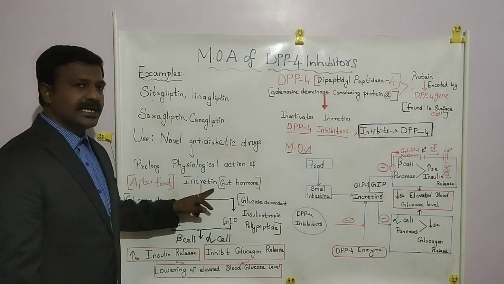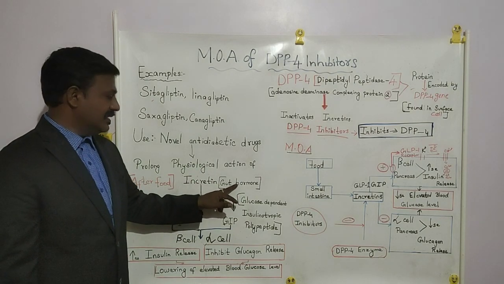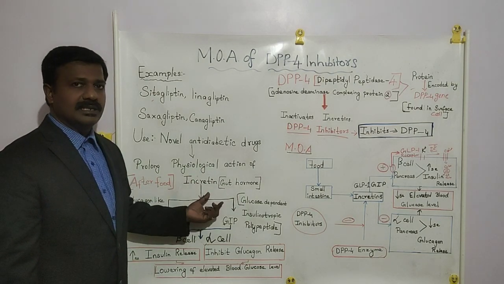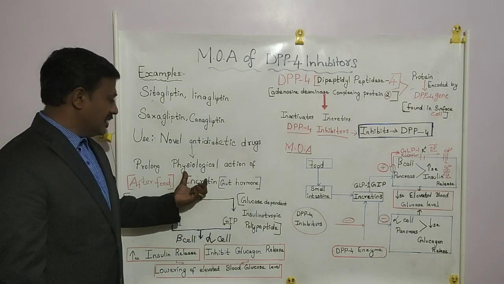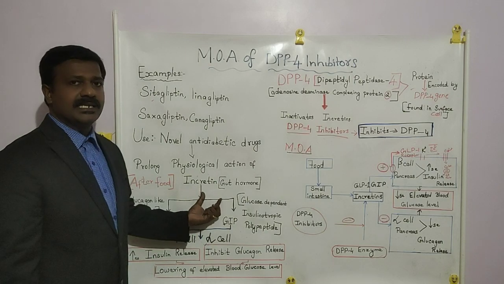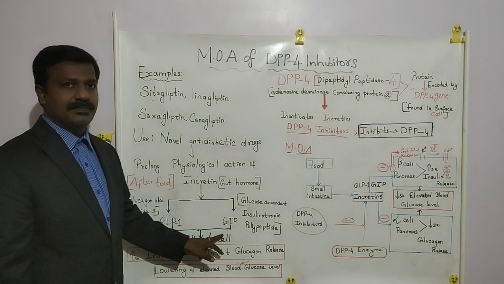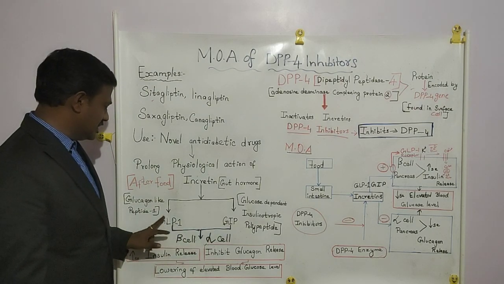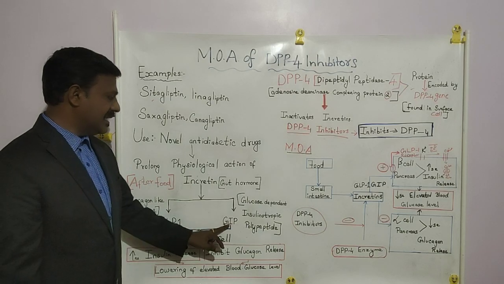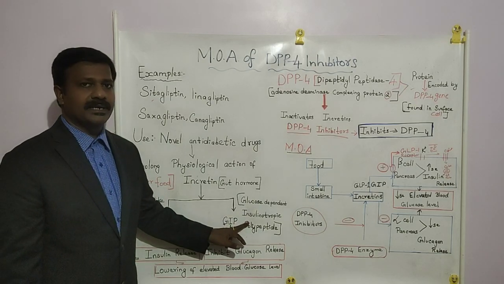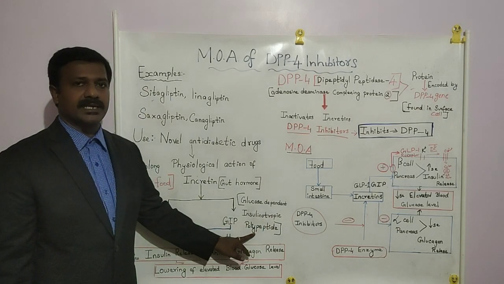Then what are incretins? Incretins are localized intestinal hormones. They are released after intake of food. There are two kinds of incretins: GLP1 and GIP. GLP1 is called glucagon-like peptide 1. GIP is glucose dependent insulinotropic polypeptide.